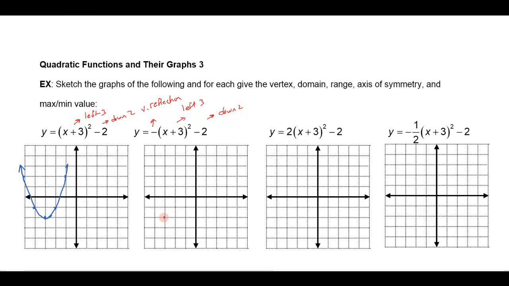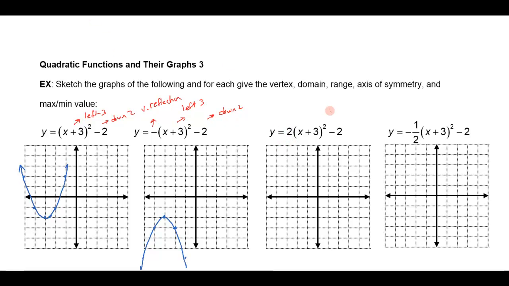So it's going to have the same vertex point right here, but instead of going over 1, up 1 on either side, I'm going to go over 1 and down 1, and over 2, down 4. Alright, so that's going to look like this. It's the same parabola, and it's even the same vertex as the first one, but it's been flipped over, so it's opening down from this point.